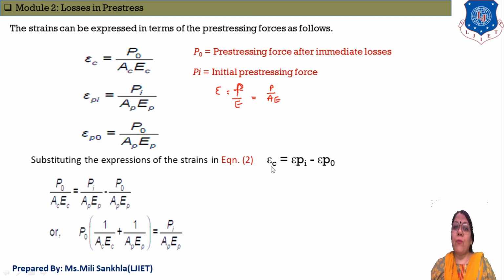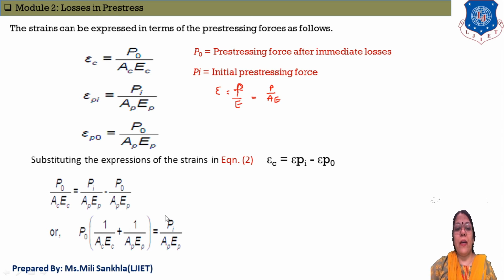Again, epsilon c is the difference between epsilon pi and epsilon p0. Put in the values: P0 divided by the area of concrete and Young's modulus of concrete is equal to Pi, the initial prestressing force, divided by the area of prestressing steel and Ep, minus P0 divided by Ap Ep.